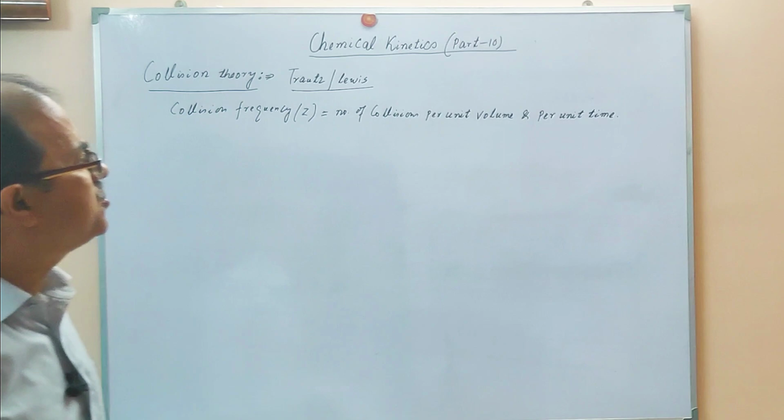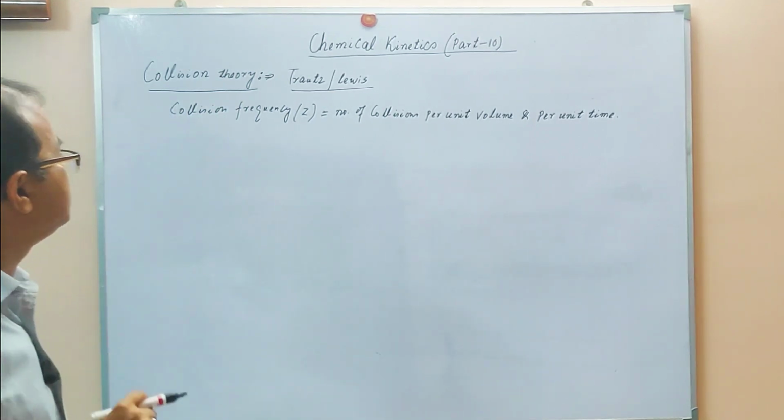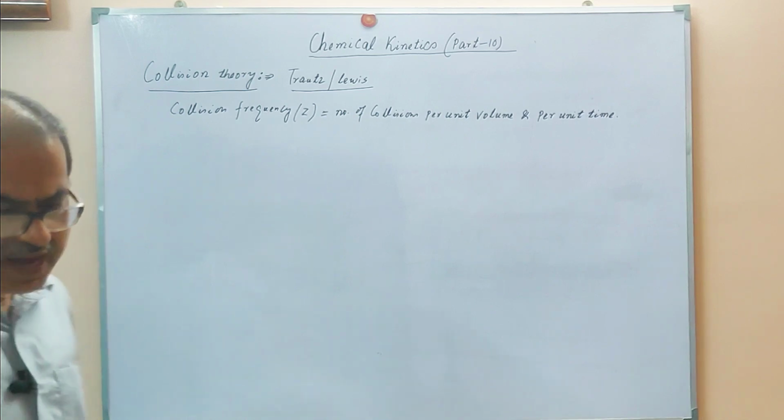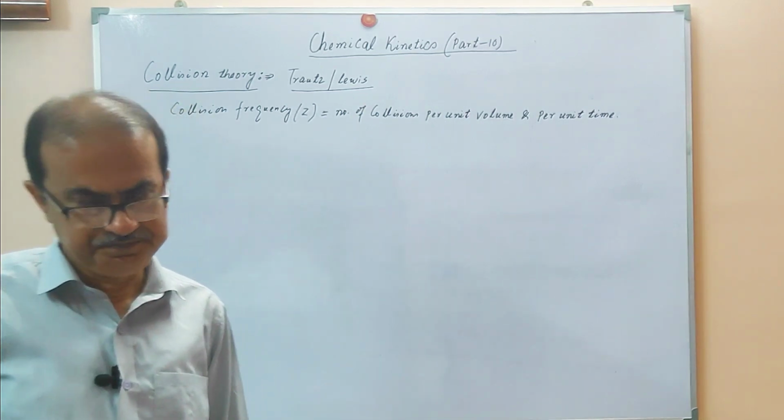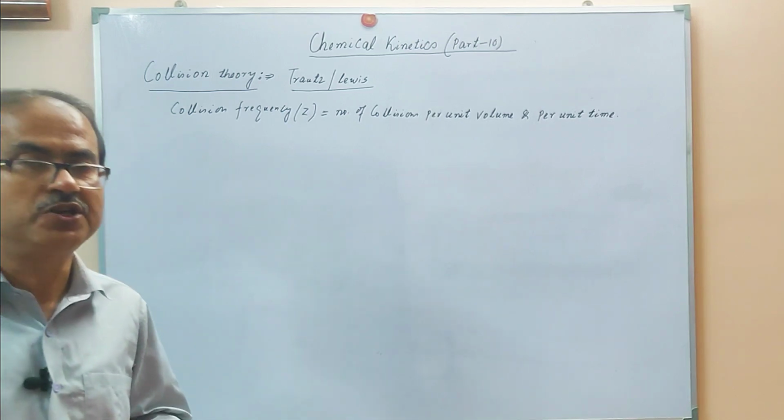This is the number of collisions per unit volume and unit time. And you can understand, we have discussed in detail in the previous video.